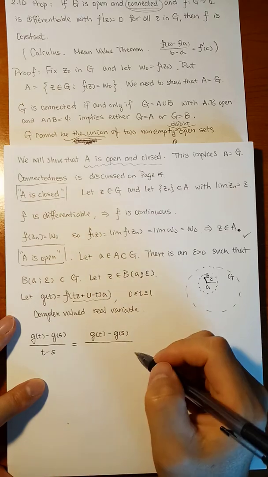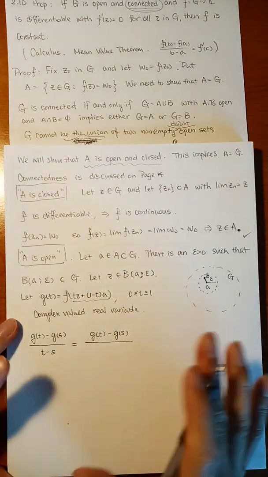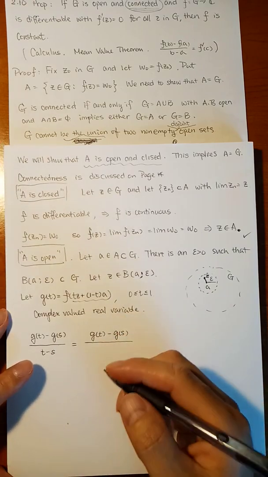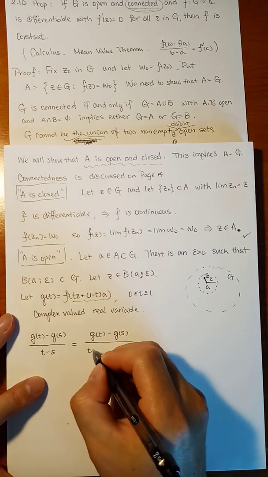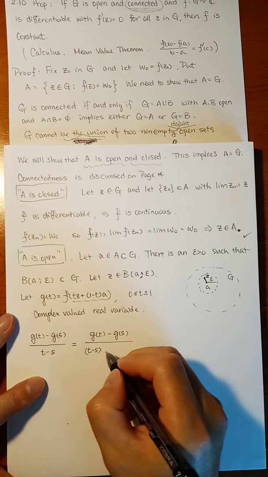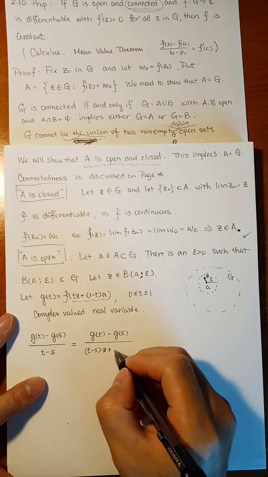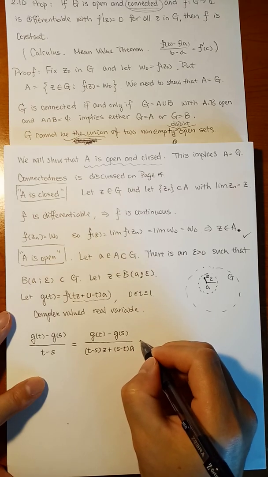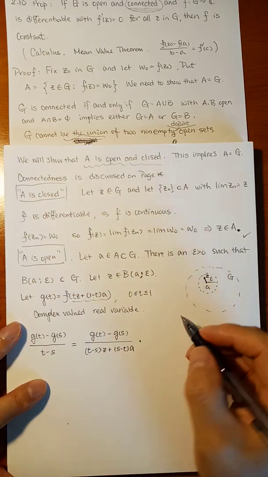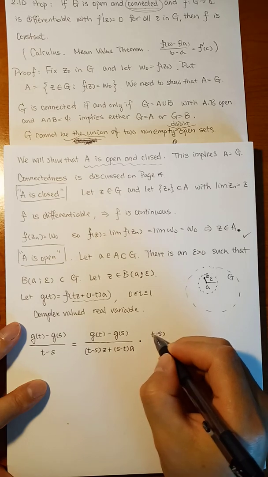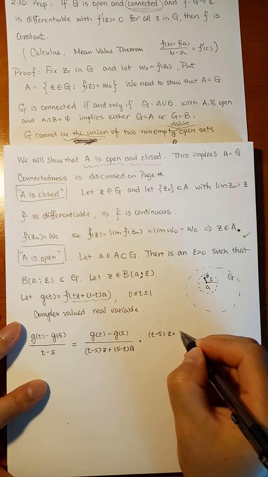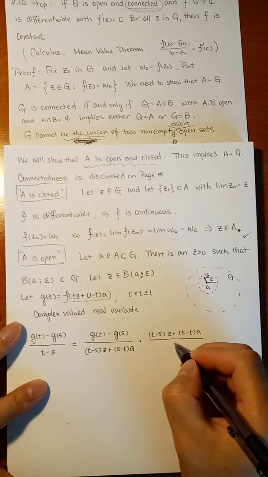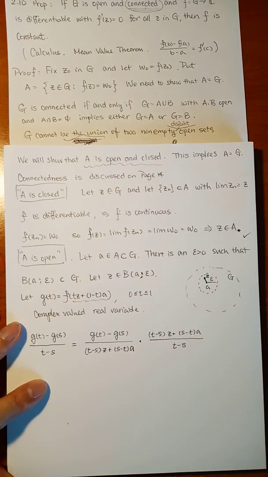Well, let's see. We can write it in a fancy way. You will see why it is important. So it's (t minus s) times z plus (s minus t) times a, over t minus s.